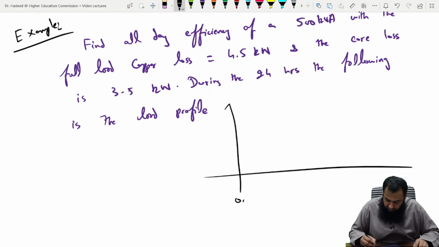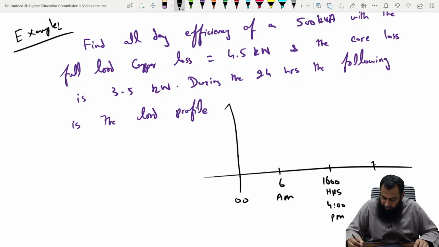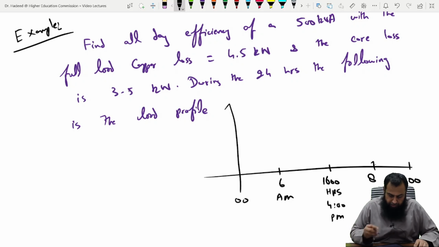So this is midnight. Here, this is 6 a.m., and then till 1600 hours, that is 4 o'clock p.m., we have a load, and then till 8 p.m. we have a load, and then again we go to midnight.